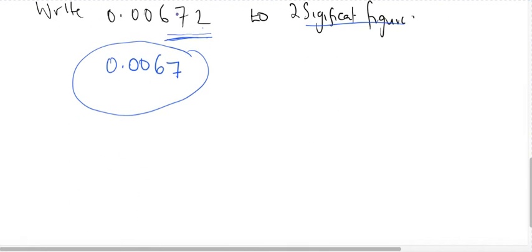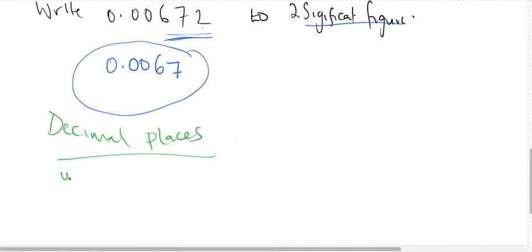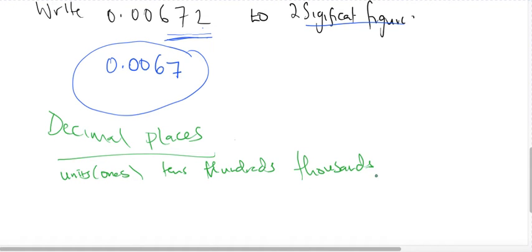Let's quickly talk about decimal places. Decimal places are, you know these ones. For example, ones, units. Some people call them ones, tens, hundreds, thousands. Okay, so these are decimal places.